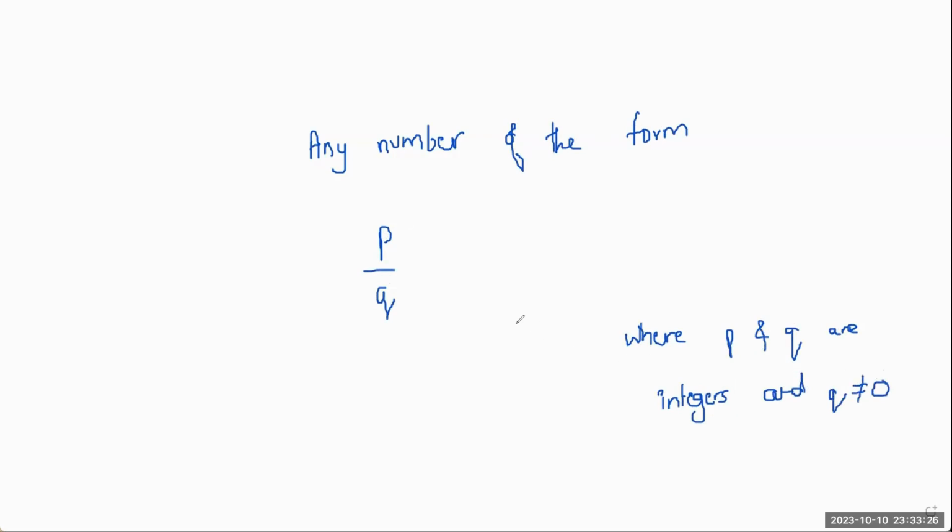This is the definition of a rational number. In P and Q, you can put any integer that you want, and Q should not be equal to 0.